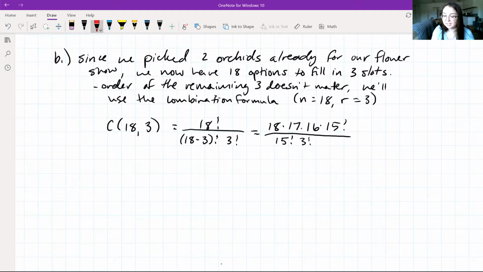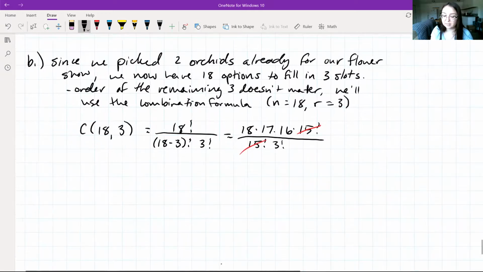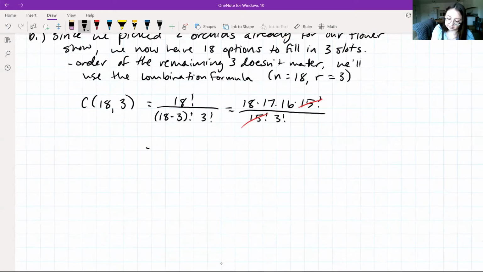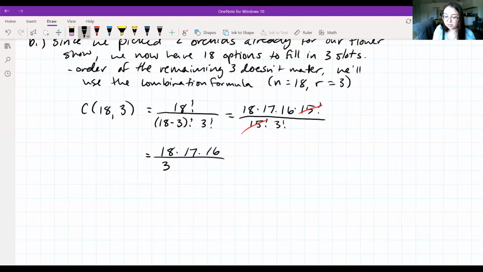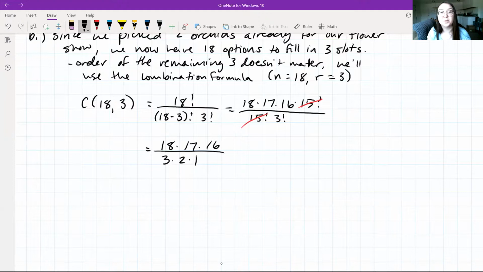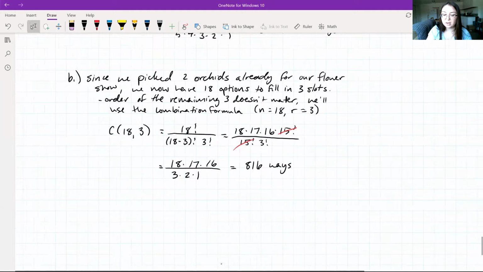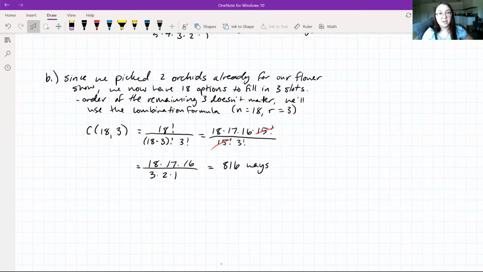Now we can cancel out our factorials. This gives us 18 times 17 times 16 divided by 3 factorial, which is 3 times 2 times 1. And when we calculate this value, it gives us 816 ways that we can pick our next 3 orchids.